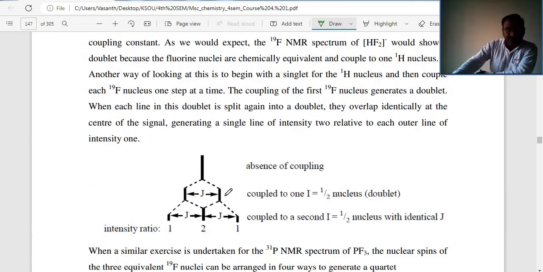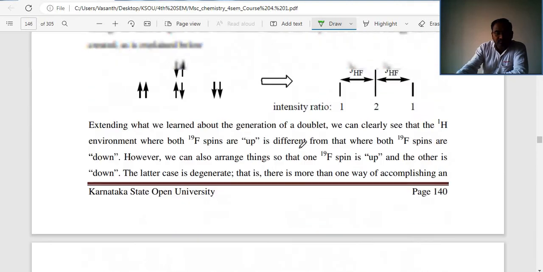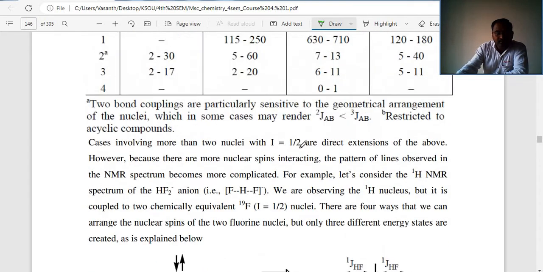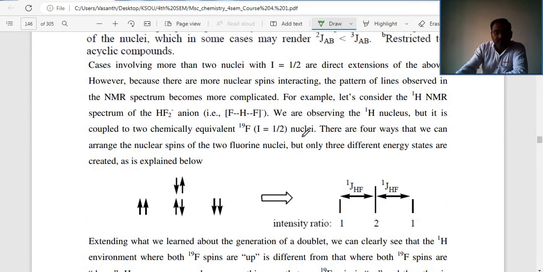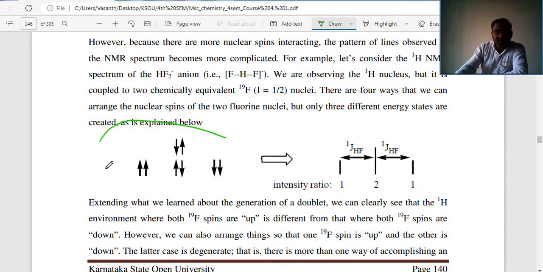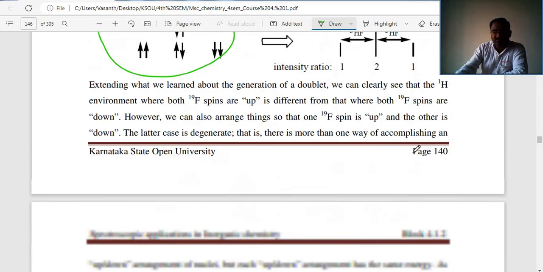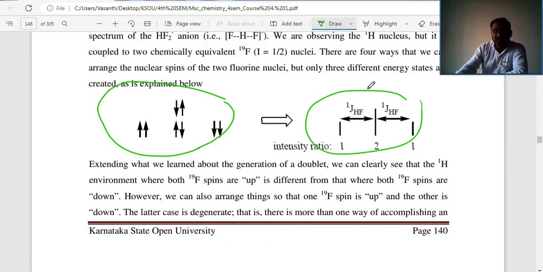This is the alignment of spin. This is the intensity ratio.